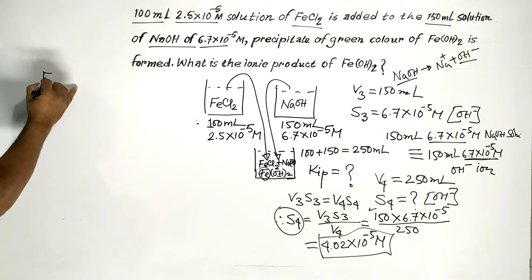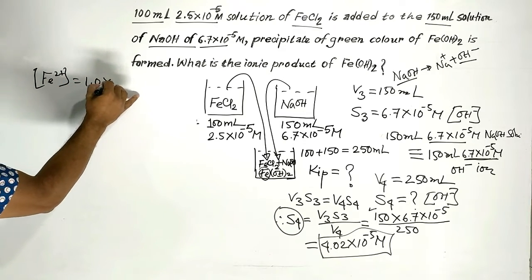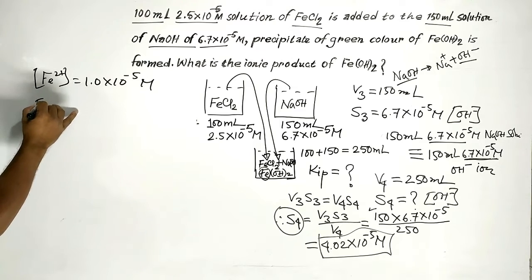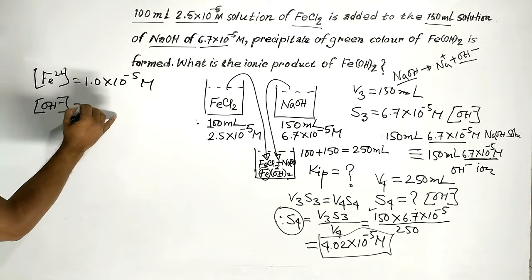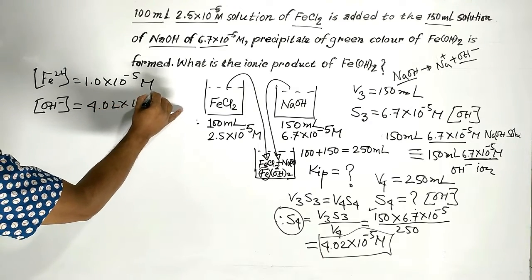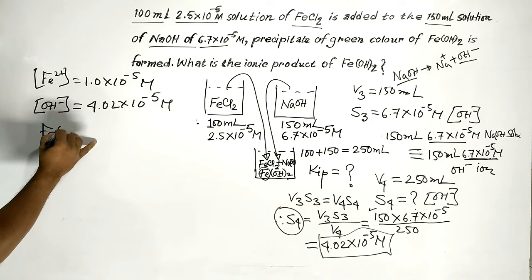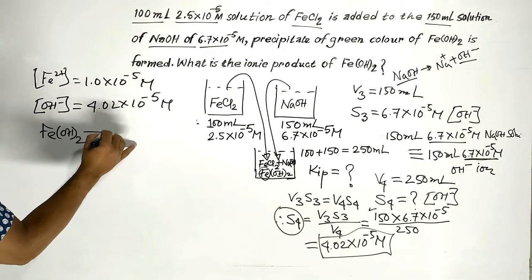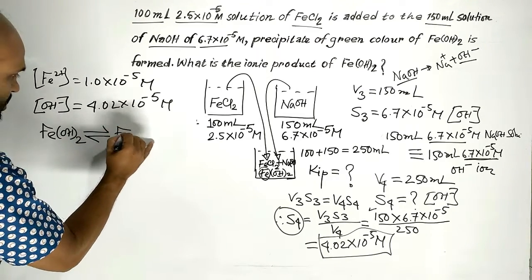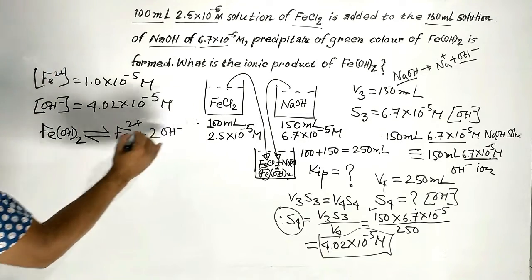We got concentration of ferrous ion 1.0 times 10 to the power minus 5 molar, and concentration of hydroxide ion 4.02 times 10 to the power minus 5 molar. Ferrous hydroxide establishes an equilibrium in this way: ferrous 2 plus ion and 2 hydroxide ions.